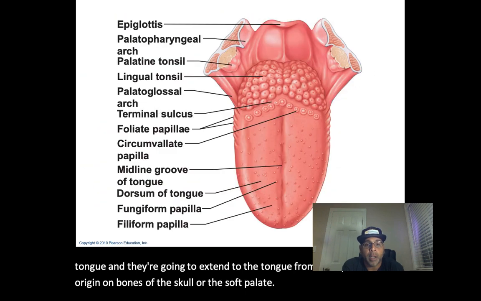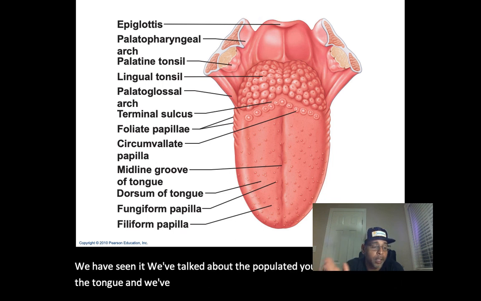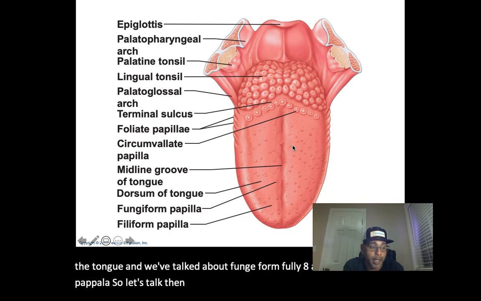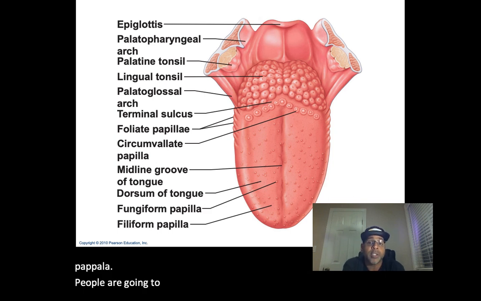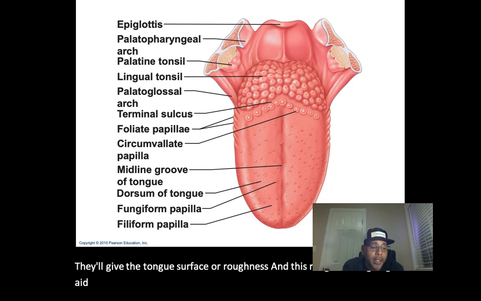We have seen and talked about the papillae in relation to the tongue, including the fungiform, foliate and circumvallate papillae. So let's talk about the filiform papillae. The filiform papillae give the tongue's surface a roughness. This roughness aids in licking semi-solid foods.